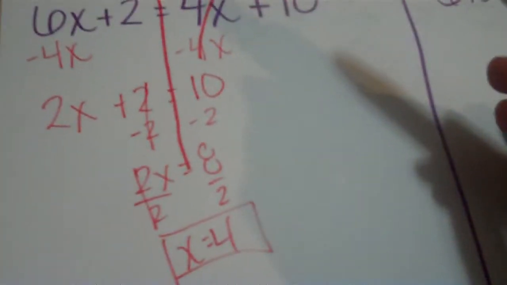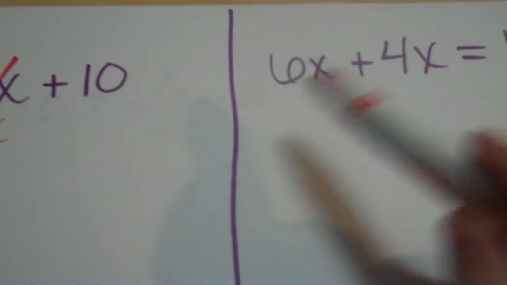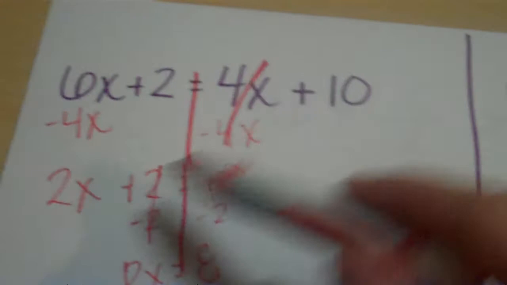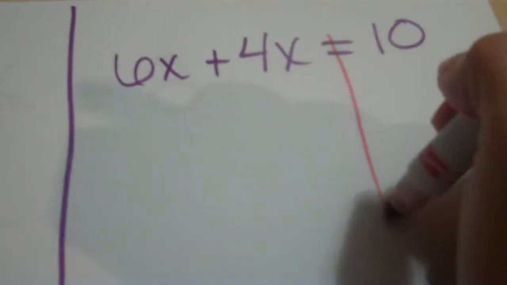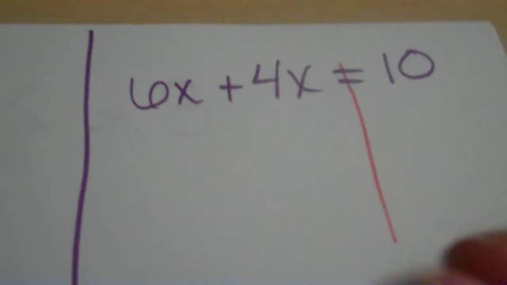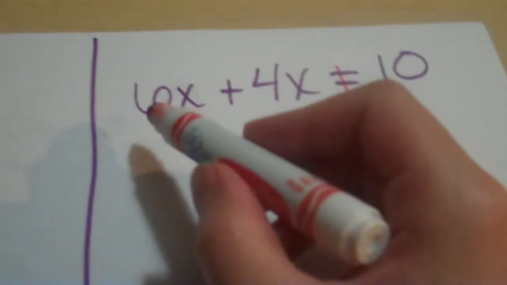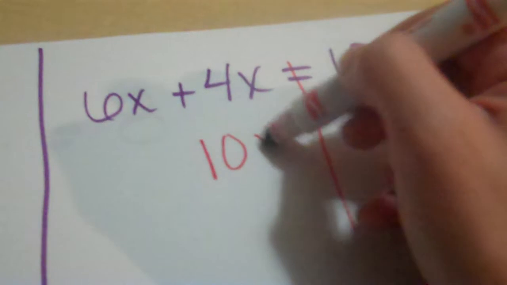Okay, now the difference between this one and this one is that here the x's are on the same side. So here they're opposite, and here they're on the same. So you draw your line, and when they're on the same side, you just do the same thing. You don't do the opposite, you just do what it says. So 6 plus 4 is 10x. Or sorry, 6x plus 4x is 10x.